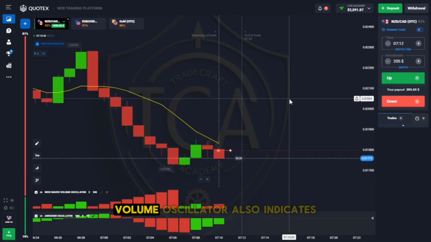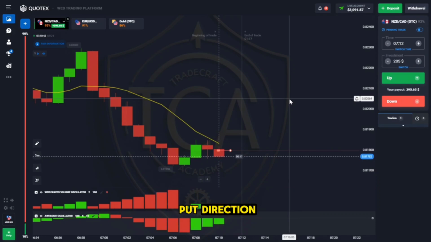You can see Waves volume oscillator also indicates put direction.